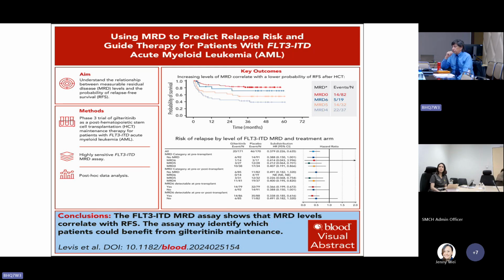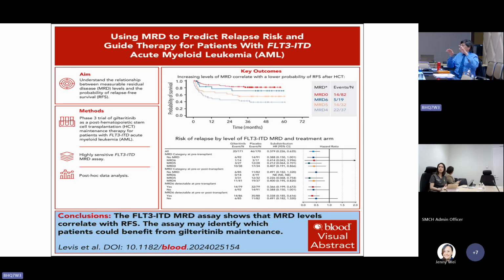There's a United States study called BMT-CTN 1506. Mark Levis is the first author, which asked if I give people gilteritinib post-transplant for 2 years, should they do better? What came out of the study was surprising: the study was negative. It was placebo versus gilteritinib, and across the study there was no difference.